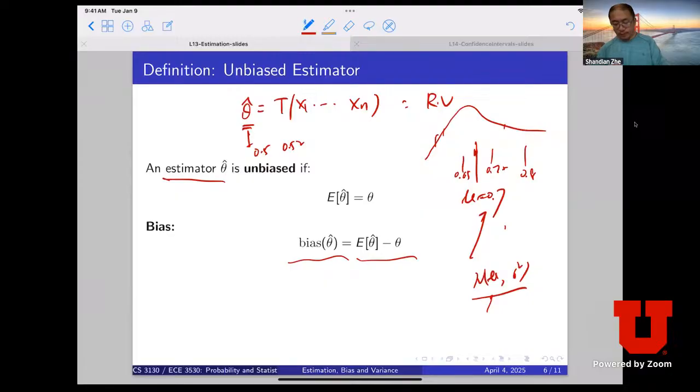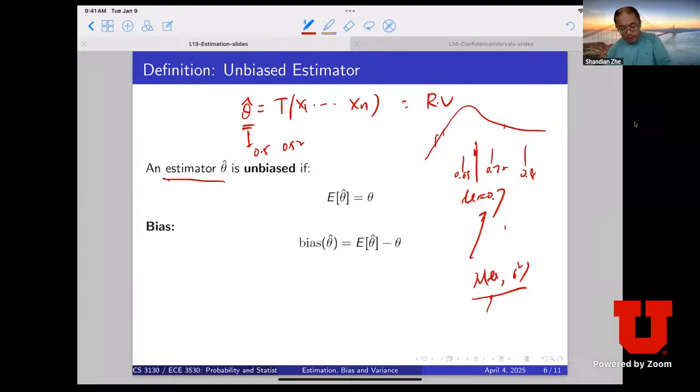To facilitate our understanding here, I want to talk about things a little bit deeper. So suppose you do many estimations. Remember, the value of an estimator is to compute some function over the sample, and every time you get a different set of values for the sample.